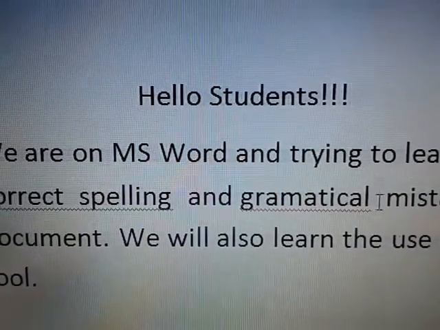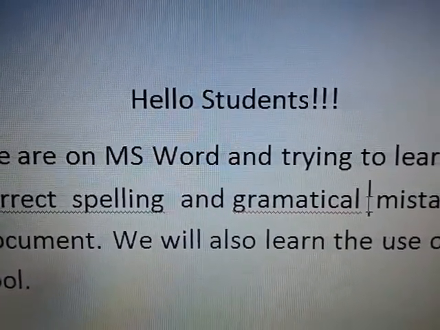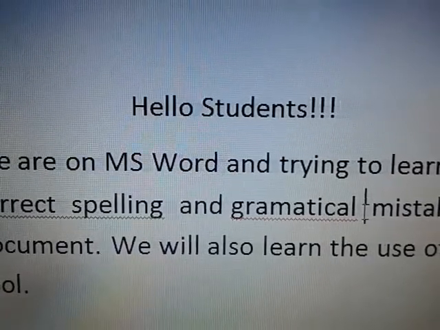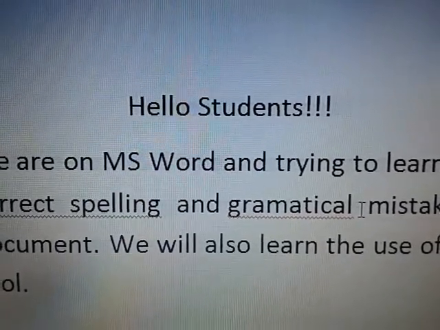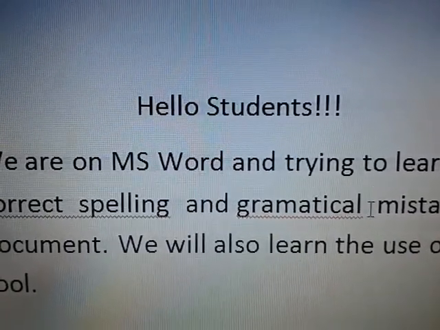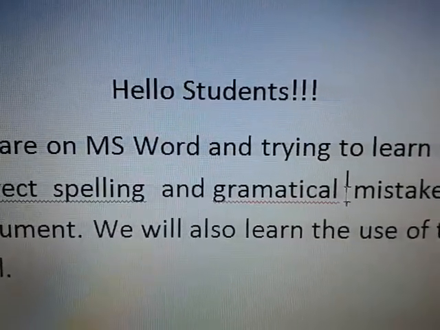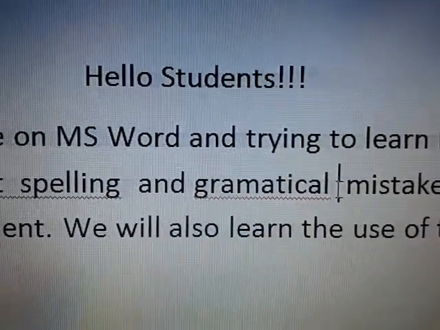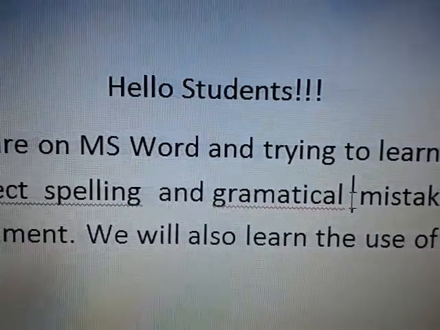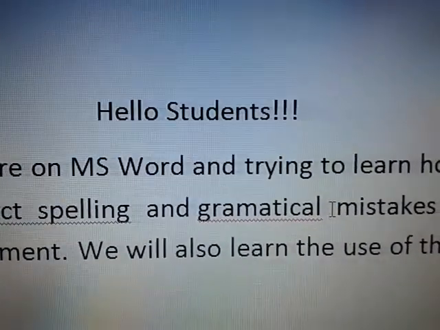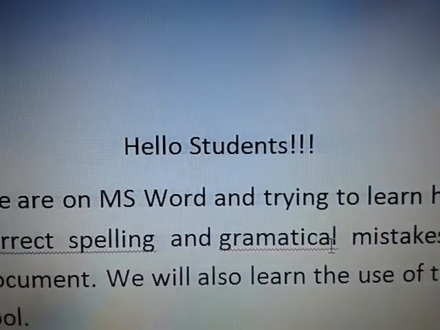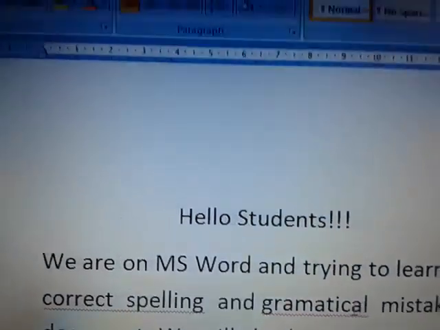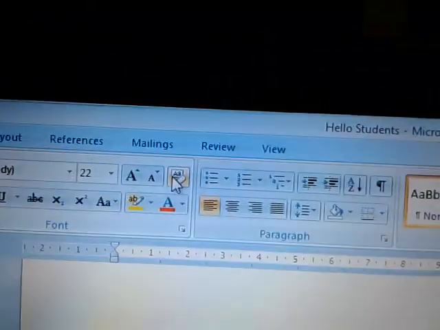So our MS Word also provides us some ways to correct it. Maybe you don't know the actual spelling of the word. So how can you do this? There are two ways. I will show you both. First we have to go to this Review.